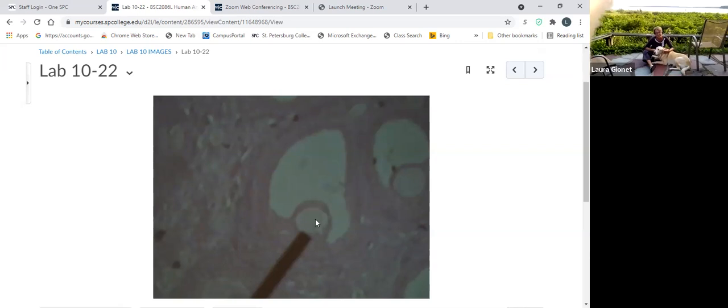And when this ruptures, it's going to release that secondary follicle that the pointer is pointing to. And all those other cells and that big fluid-filled cavity remain behind as the corpus luteum. Luteinizing hormone targets that so that those cells continue to secrete estrogen and progesterone in the event of fertilization, implantation, pregnancy.